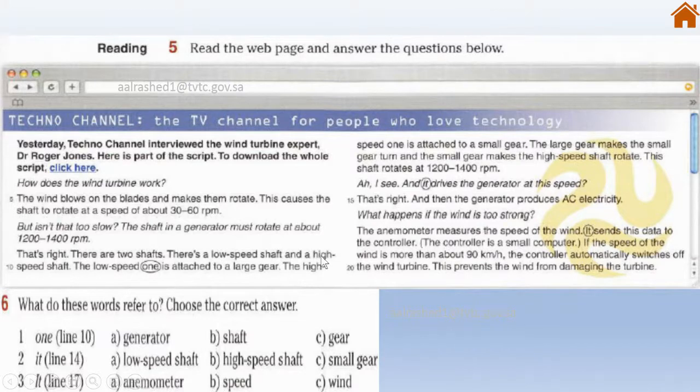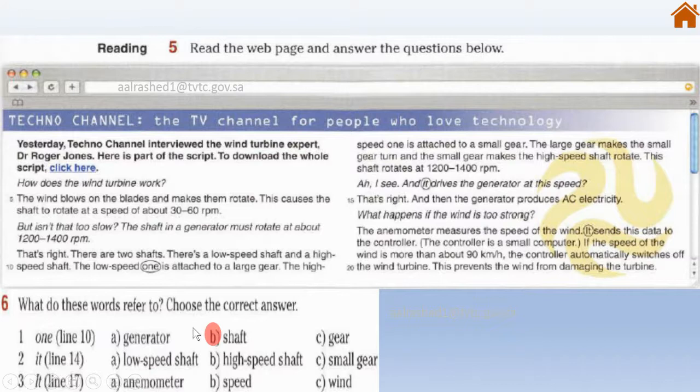As you can see, shaft is repeated twice. Then the writer continued with another sentence, saying the low speed one. Instead of saying shaft, the writer replaced it with one. So for number one, the answer is shaft.